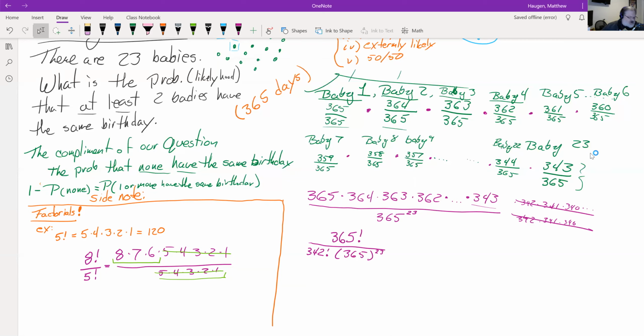If you've seen that factorial tool before, anybody? It's not unusual for nobody to have at this point in your mathematical careers, but it does come up a lot in probability. And hopefully you can see why.